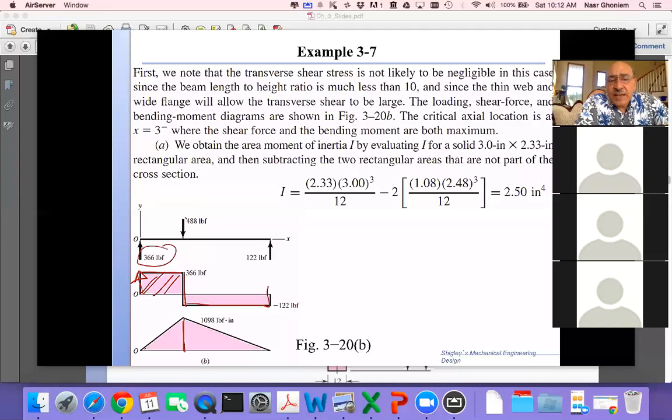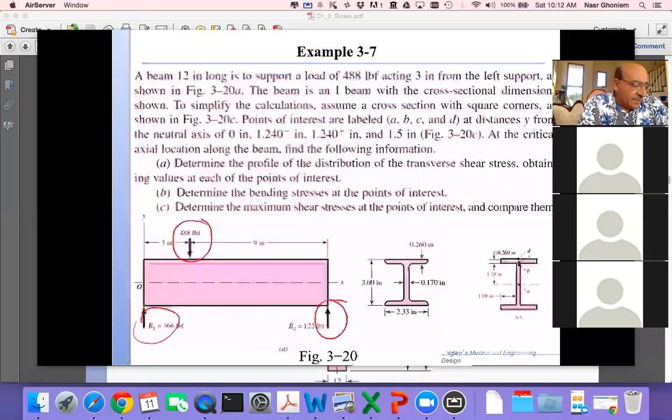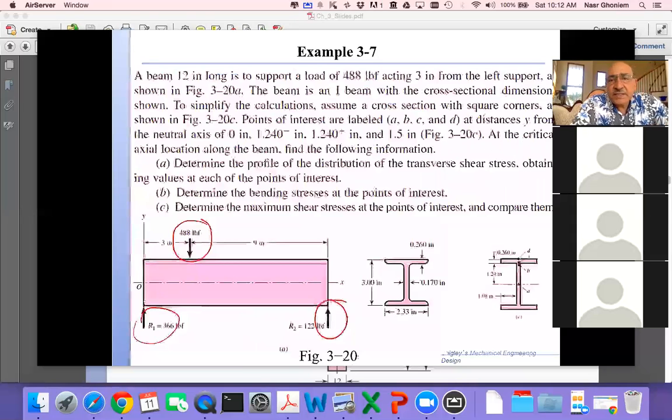To get to that, we have to find the second moment of area of the I-beam, and we can do it two ways.